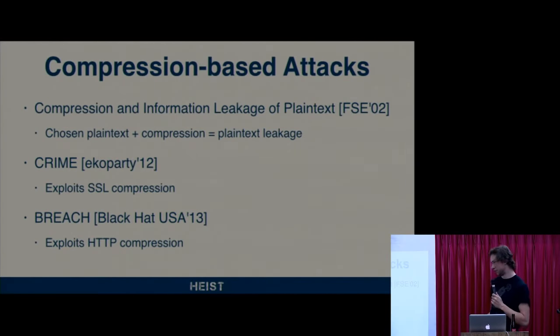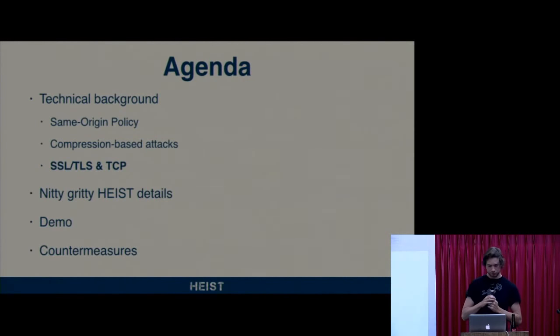And then it was rediscovered or applied to SSL with CRIME, and then later on again with BREACH. CRIME was on SSL compression, so the compression in SSL itself, and BREACH on HTTP compression, so with gzip compression. And then there were some others like TIME that uses timing information and so on. So that brings me to the third and last part of the background.